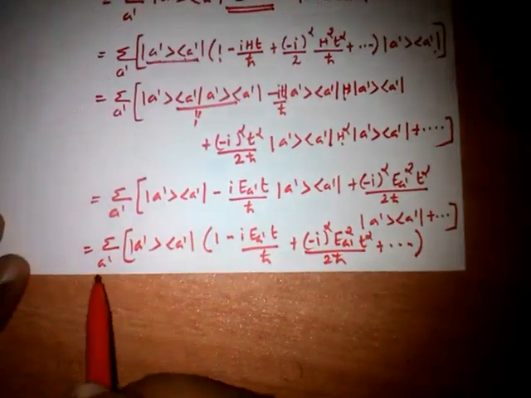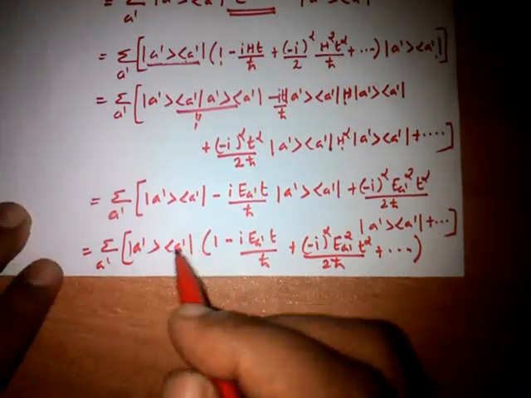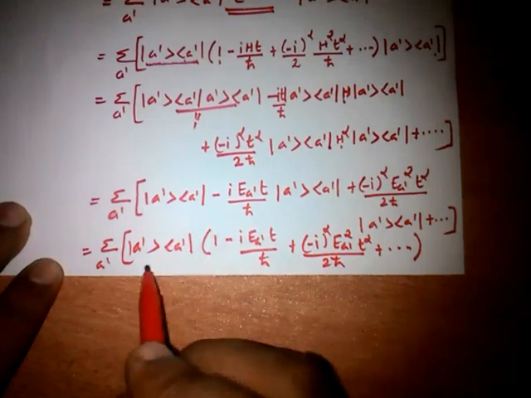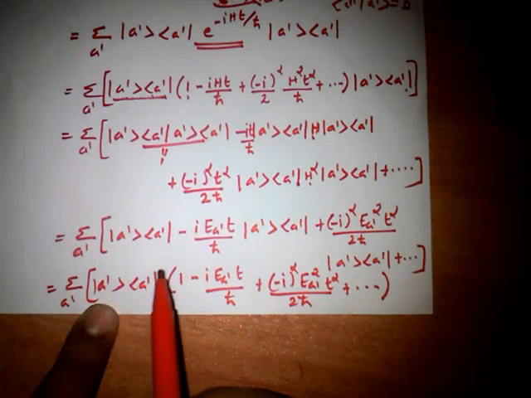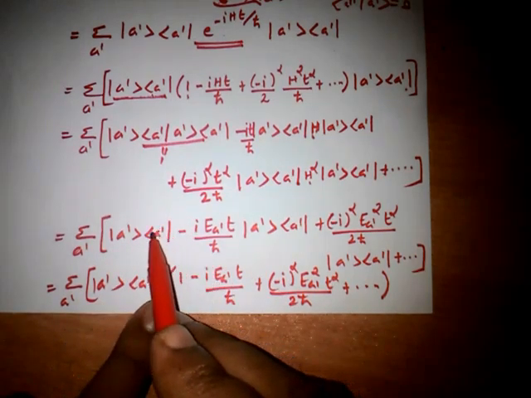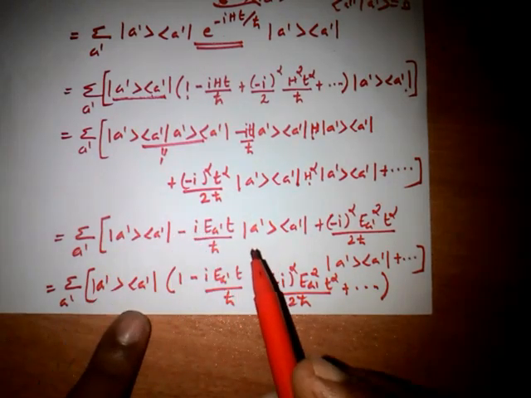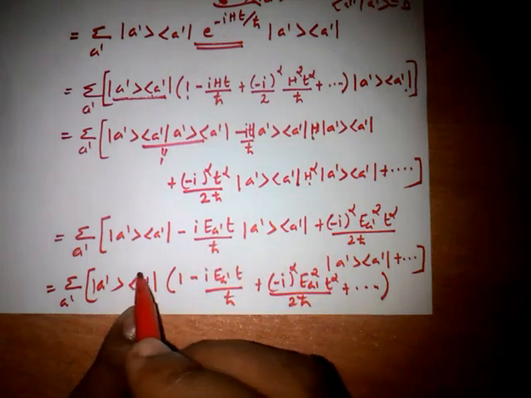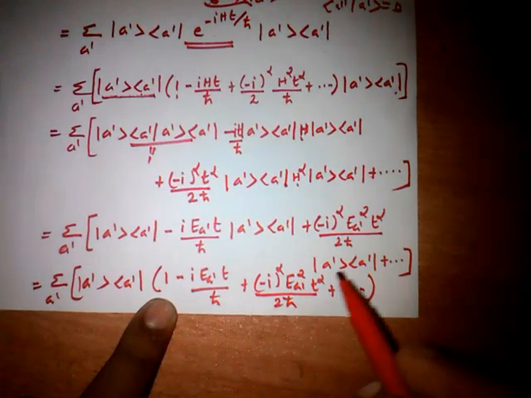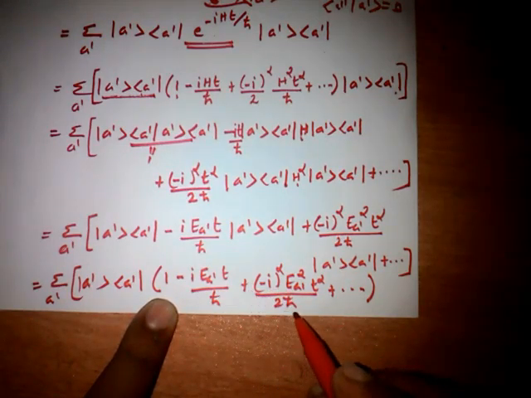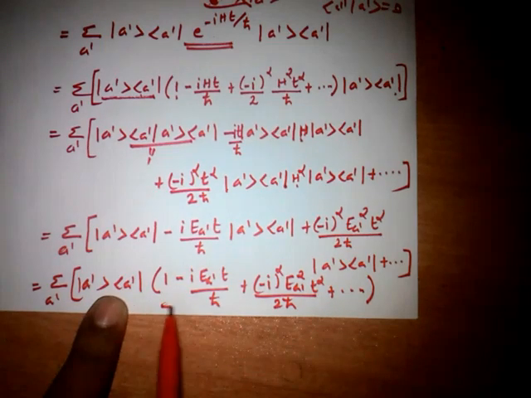And then the next step will come like this, that is equal to the sum over a dash of the outer product of a dash. Let's take this outer product of a dash outside, taking it common outside the bracket, and we can write the outer product of a dash times 1 minus i E a dash t divided by h cross plus minus i squared divided by 2 h cross E a dash squared t squared plus etc. So what is this term?